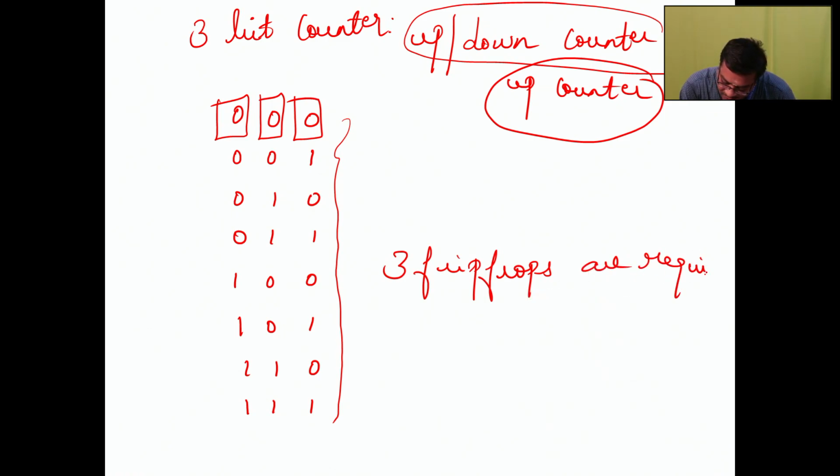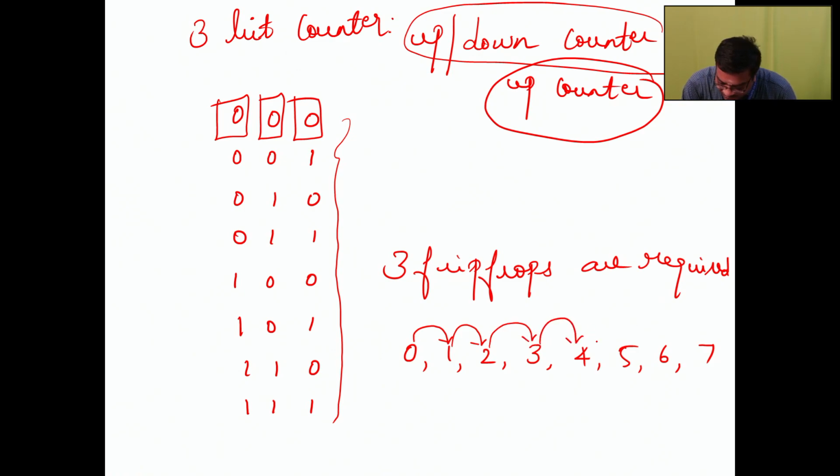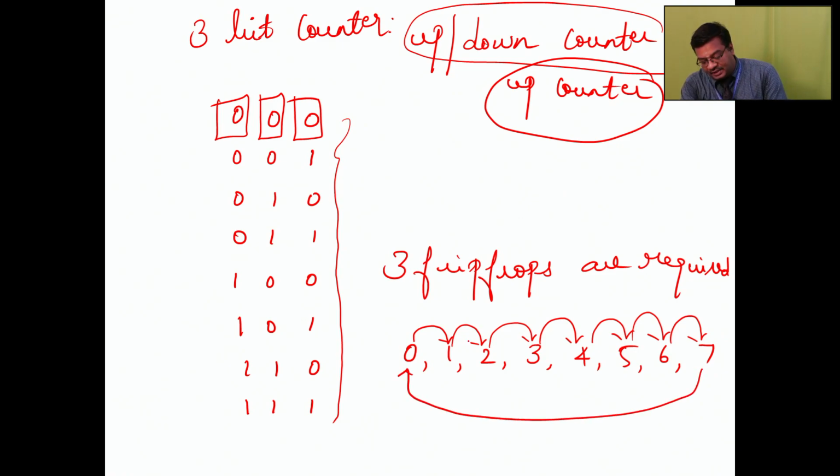When we count 0, 1, 2, 3, 4, 5, 6 and 7: 0 is the present state, 1 will be the next state. 1 is the present state, 2 will be the next state. 2 is the present state, 3 will be the next state. 3 is the present state, 4 is the next state. 4 is the present state, 5 will be the next state. 5 is the present state, 6 is the next state. 6 is the present state, 7 is the next state. 7 is the present state, 0 will be the next state. So these are all the conditions we are going to determine for this 3-bit counter.